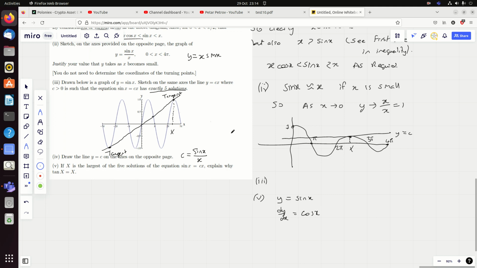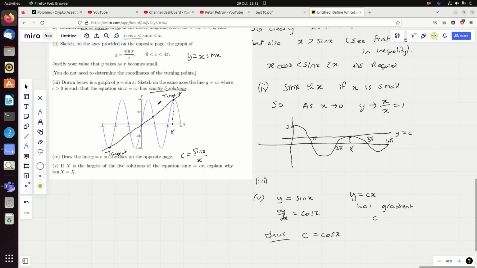On this sine x, I'm just going to make sure I've got the gradient function of sine x. And so I'm going to say my y equals cx has gradient c. And so c equals cos x. Yeah, if it's a tangent there, c equals cos x.